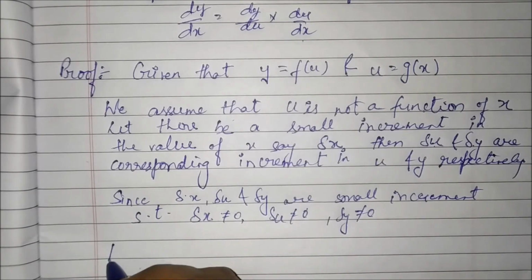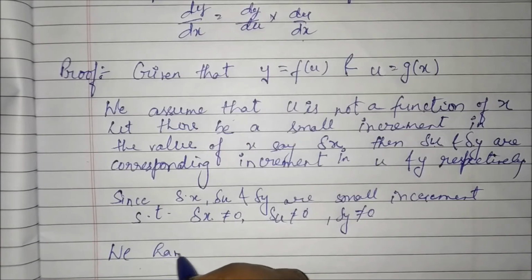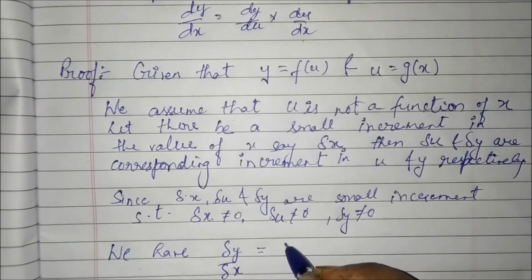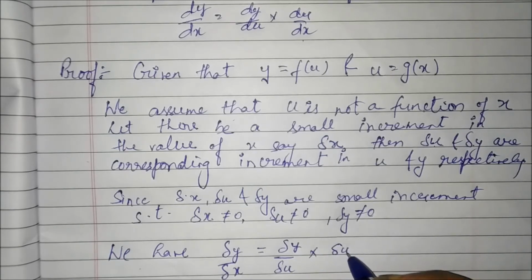Therefore we have delta y by delta x is equals to delta y by delta u into delta u by delta x.